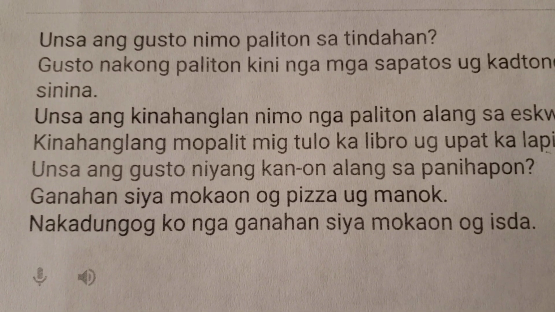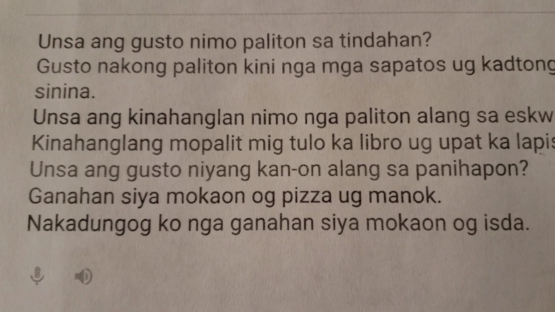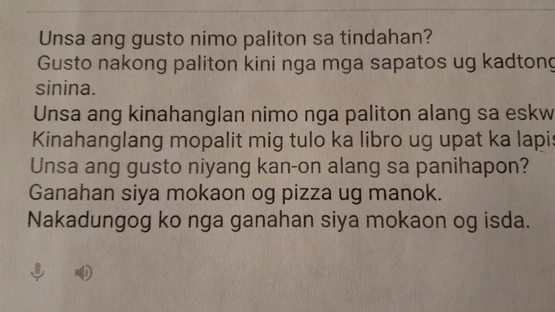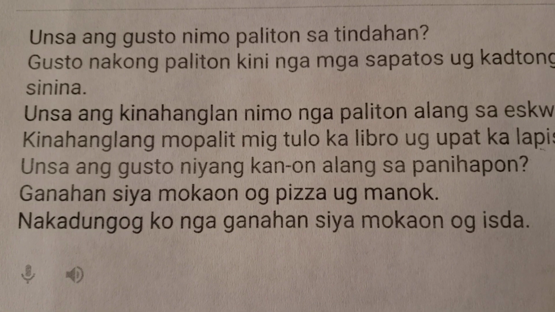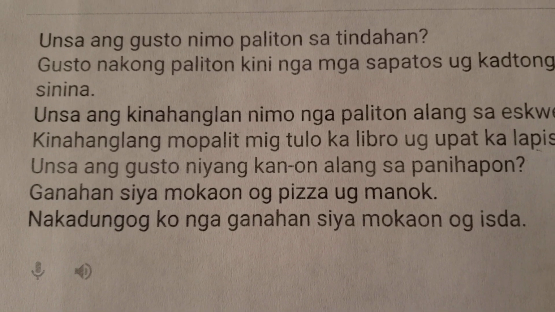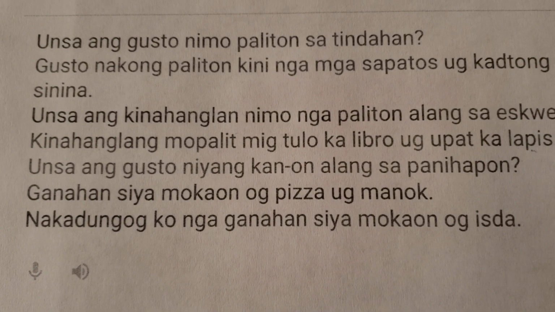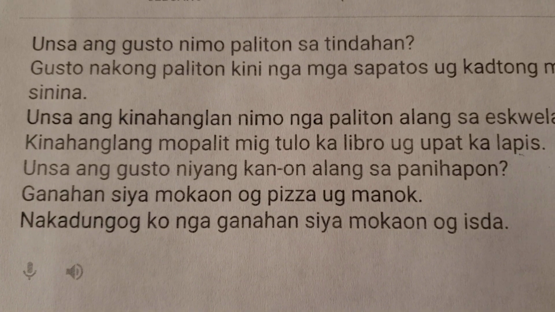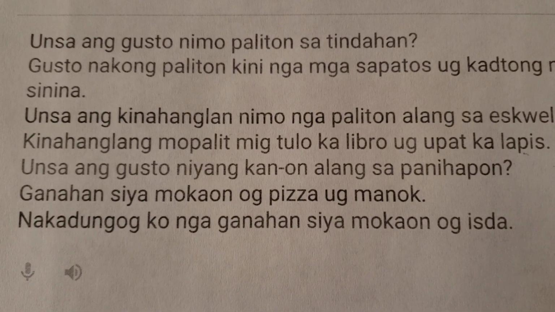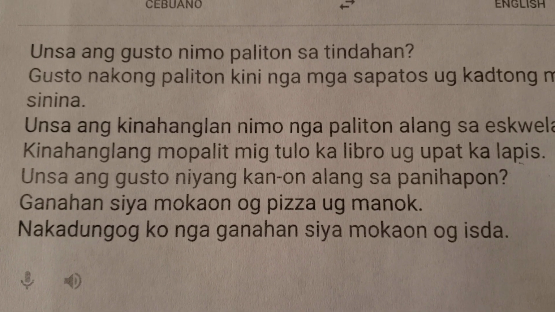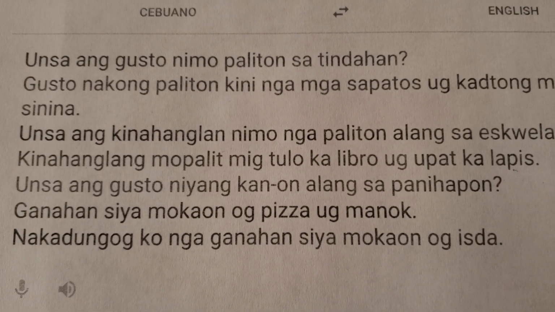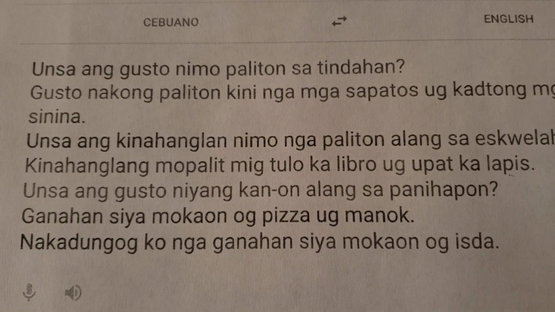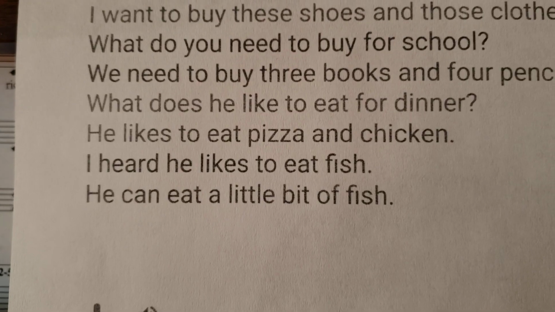Nakadungog ko na, that's the linker from that phrase I heard. Na ganahan siya, again, he likes, mukaon, to eat, og isda, fish. Nakadungog ko, I heard na ganahan siya, he likes, mukaon og isda, to eat fish.